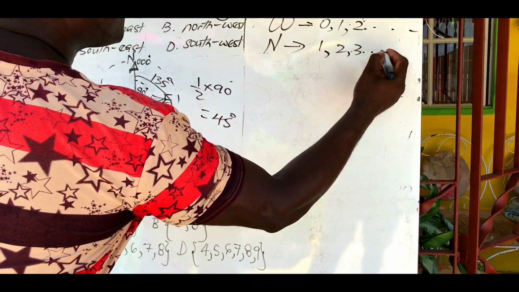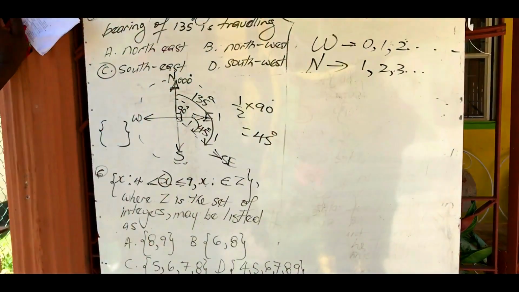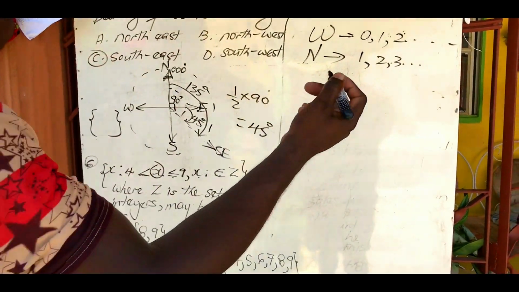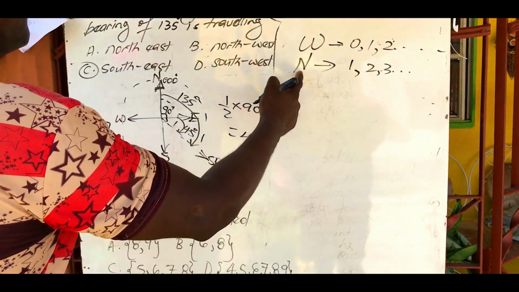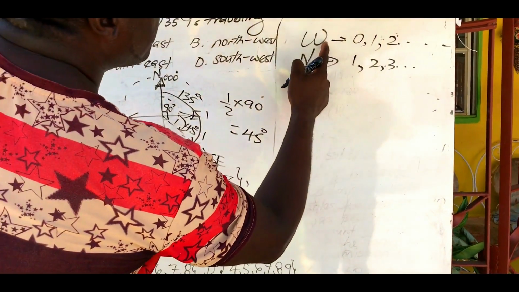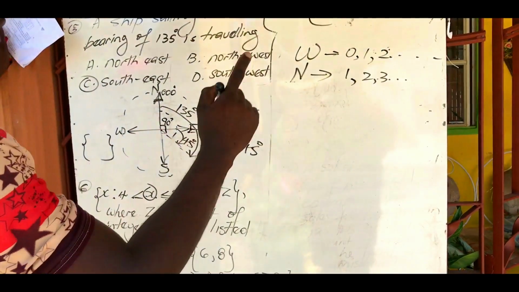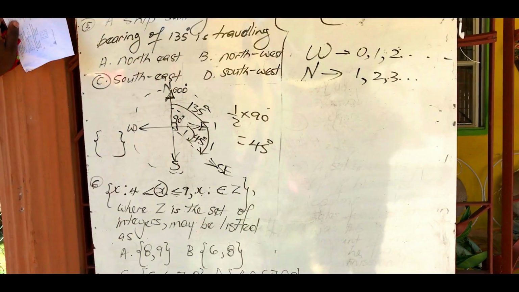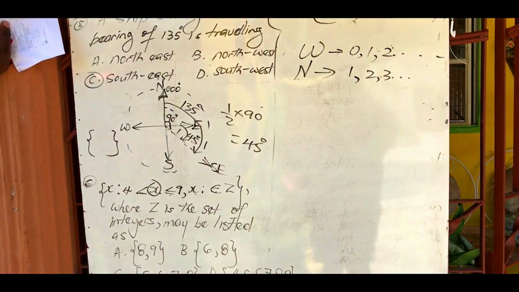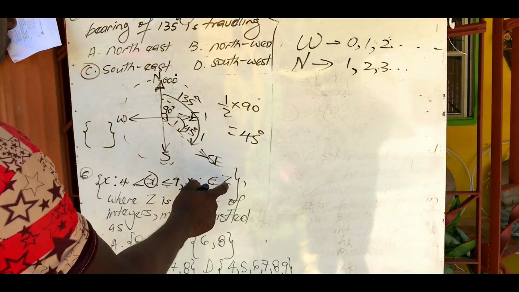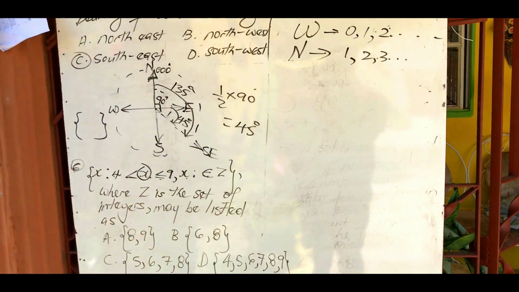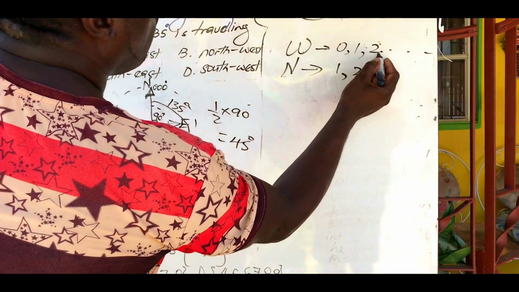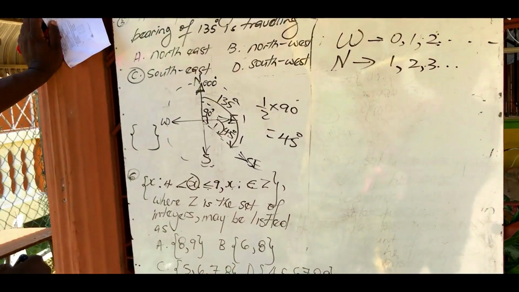Once we use 3 dots, it means and so on. So here you need to recognize that N, the set of natural numbers, is a subset of the set of whole numbers. The only difference is that 0 is included in the set of whole numbers, while it is not included in the set of natural numbers. Now, the set of integers includes the set of whole numbers along with their negatives.